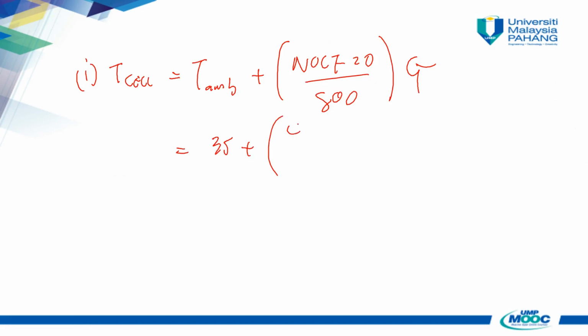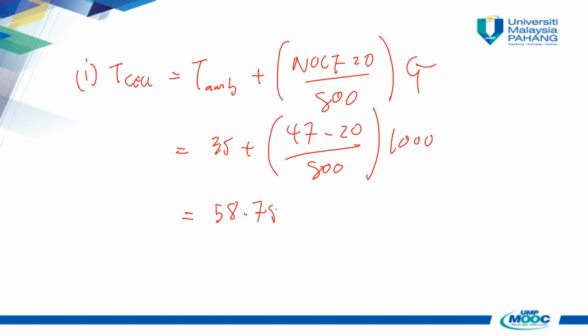Plus NOCT berapa? 47 minus 20 over 800. G is 1000. How much? 68.75. Sorry, puasa kan? Tak clear. 68.75 degree C.